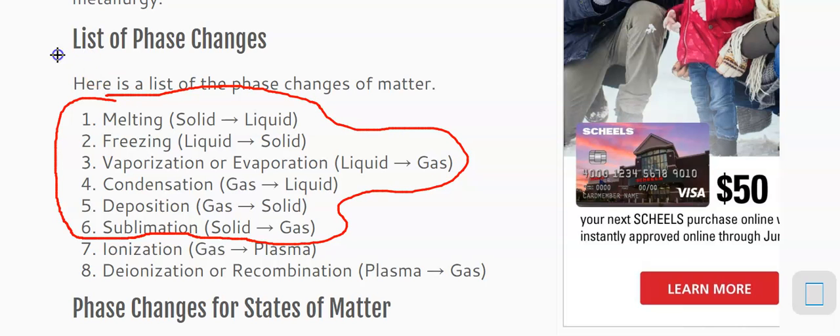And you also need to note that it's a phase change. And yes, you do need to include which phase you start at and go to in that process of change. So it's sort of like a sequence. It's not cause and effect. The solid doesn't cause the liquid. You start as a solid and you go to a liquid if you melt.